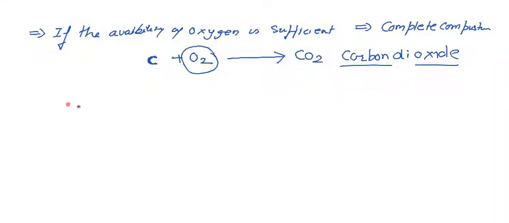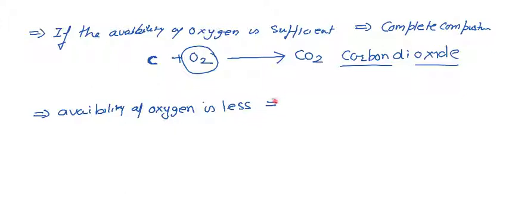If the availability of oxygen is less than what is required by the fuel to be burned, then because the sufficient amount of oxygen is not present at that moment, the fuel will not get completely burned, and the product which we want to obtain, we are not getting in the actual concentration.